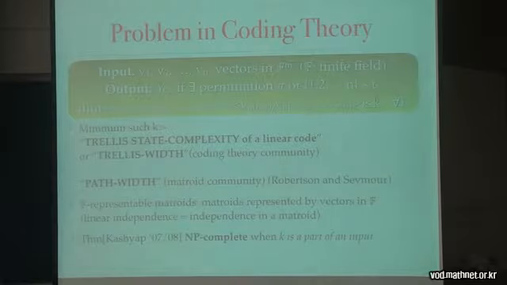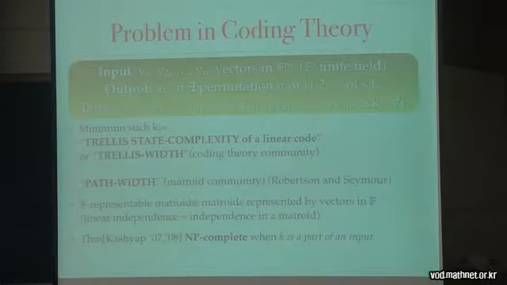This was a term in the coding theory community. For matroid theorists or graph theorists, they call this path width. If you don't know matroids, you have nothing to worry about. This is an exact description up to some cheating. Different communities call the same thing by different names, and this has occurred many times.